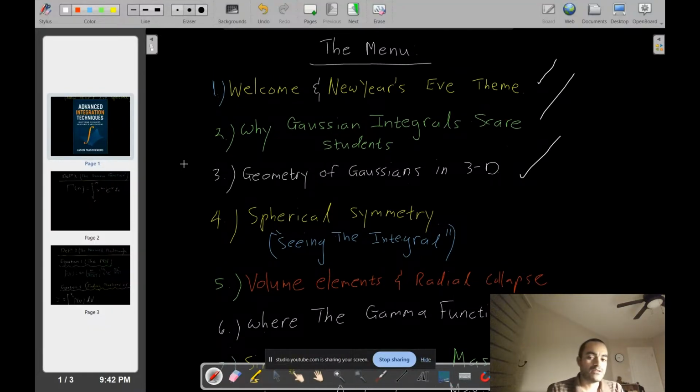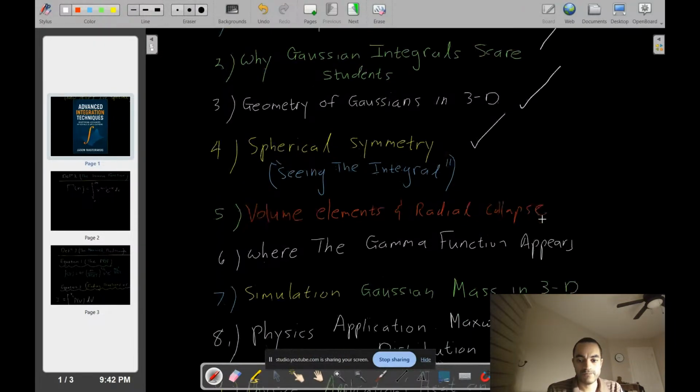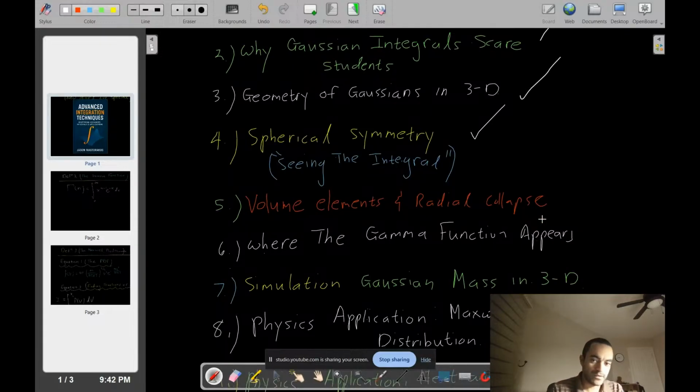Number 3, we looked at the geometry of Gaussians in 3-dimensional space. Then we also looked at spherical symmetries, because quite often when you deal with Gaussians in 3-dimensional space, you have to put it into some sort of polar or spherical coordinate system.